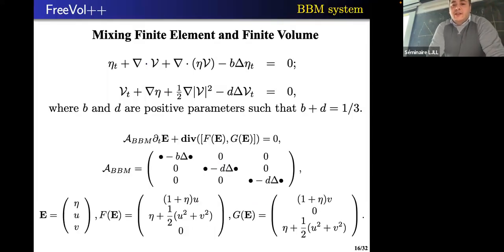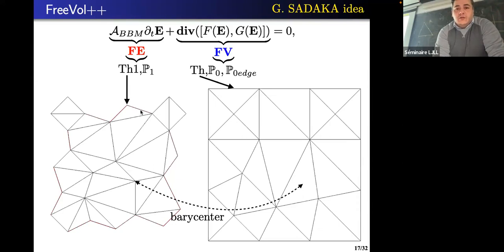We can mix finite element and finite volume equations. For example, here we have the hyperbolic part that we want to solve in finite volume, and the other part in finite element. So in order to do this, we generate two meshes. The first mesh is square here, and from the barycenter of this mesh, we build another mesh, used for the P1 finite element.